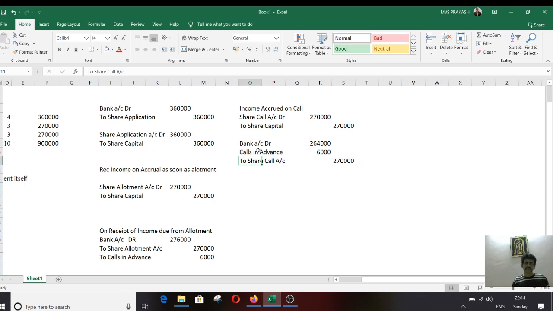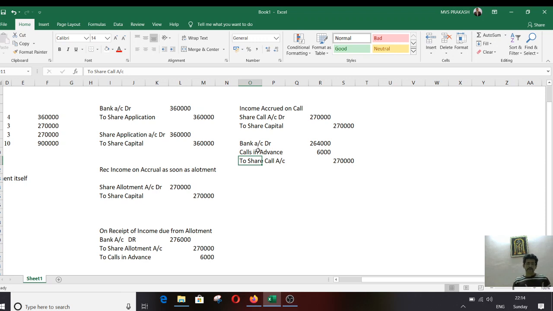So interest on calls in arrears is what I am charging from you, and it will be income for the company. Now, interest on calls in advance: you paid me some money in advance, so in return I have to pay you some interest. So interest on calls in advance is going to be considered as an expenditure.